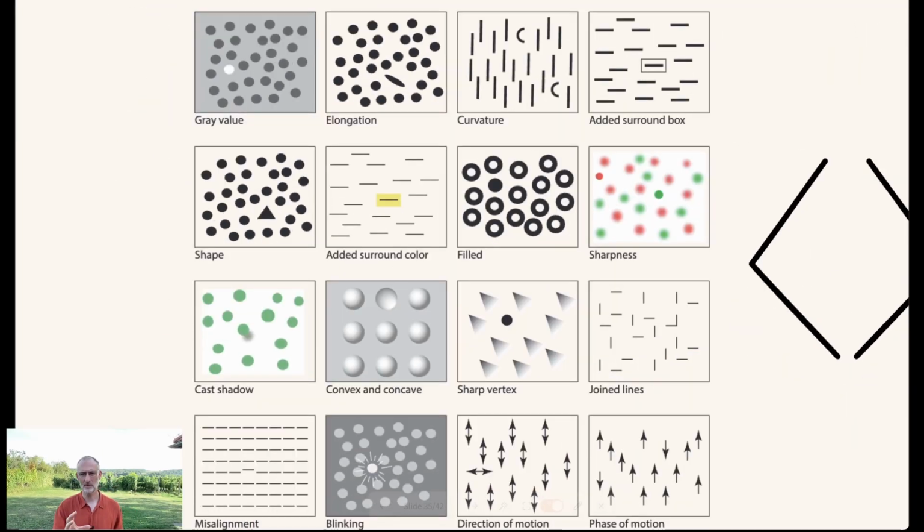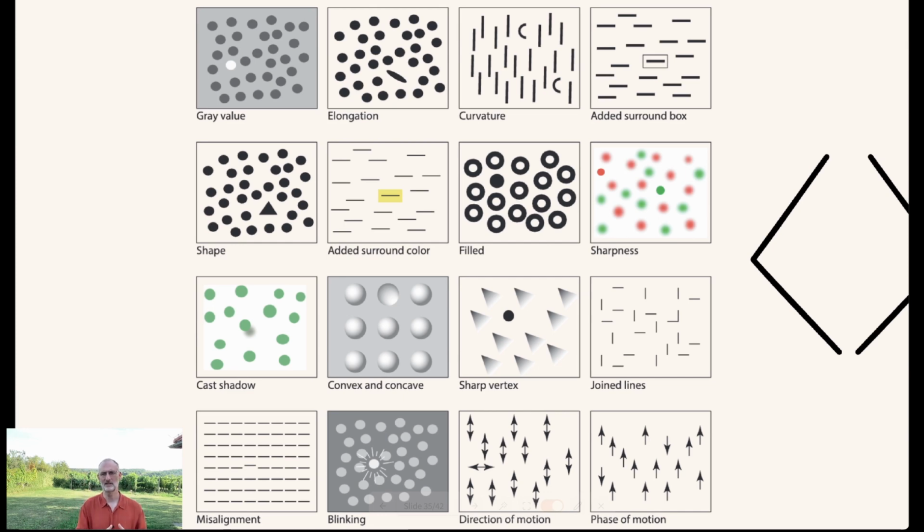And so the book includes these examples of various features that our brain distinguishes. I'm not going to walk through all of these. Some of these are stronger and some are less strong. So for example, convex and concave will stand out less than, for example, a gray value difference or a shape difference.